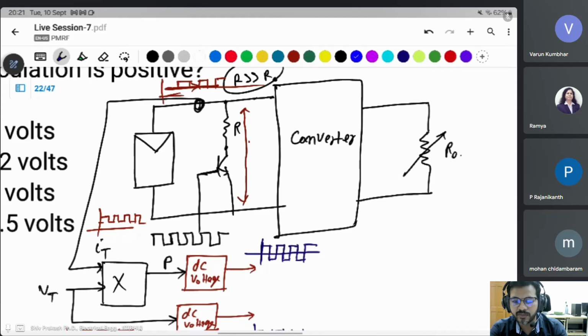Then you need some pulses which are not more effective to the whole converter for maximum power. Suppose you take a lower resistance and higher current is flowing here, then what happens? There are more losses in your PV panel.